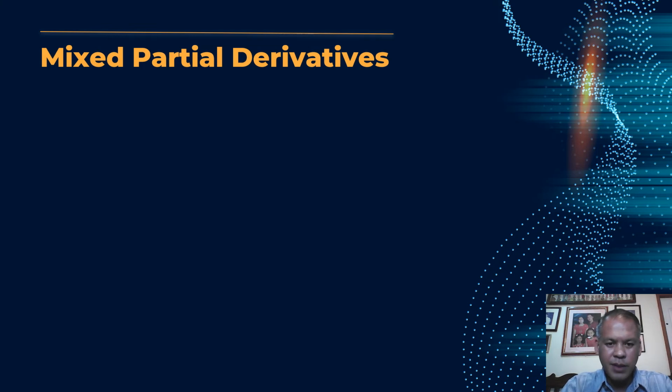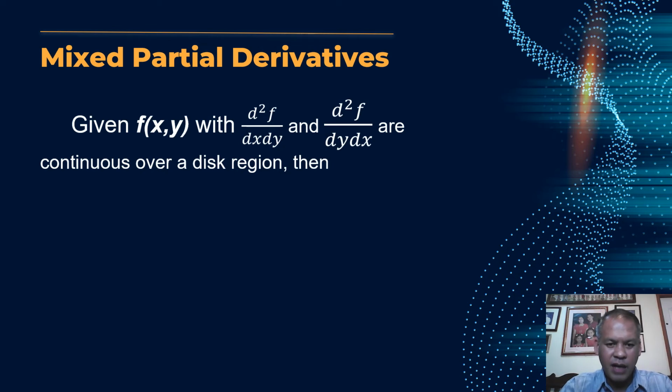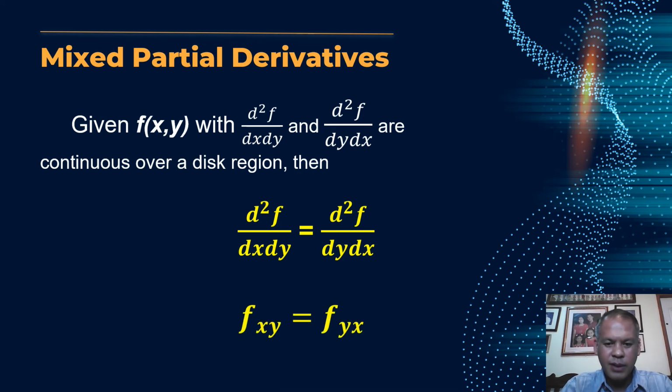So that is true because of mixed partial derivatives. Given f of xy, if d squared f over dx dy and d squared f over dy dx are continuous over this region, then d squared f over dx dy is equal to d squared f over dy dx, or f of xy is equal to f of yx.